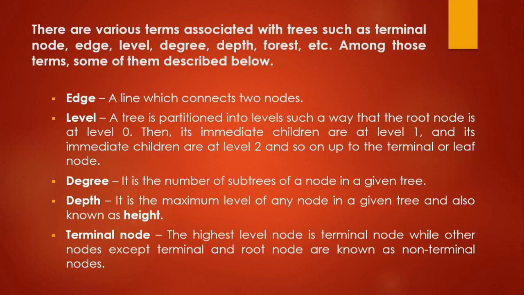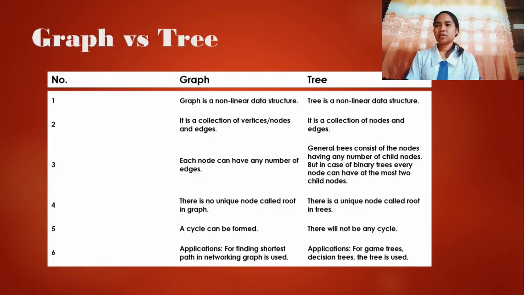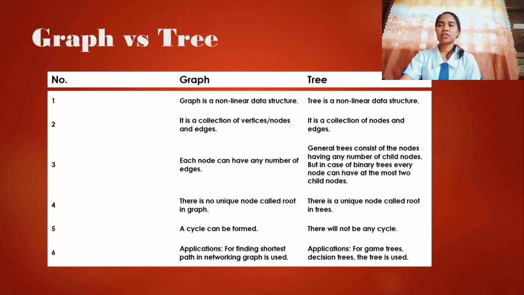Graph versus tree. Graph is a nonlinear data structure and tree is also a nonlinear data structure. Next, graph is a collection of vertices or nodes and edges. Also, tree is a collection of nodes and edges. And next, graph: each node can have any number of edges, so there's no limit on the number of edges in a graph.